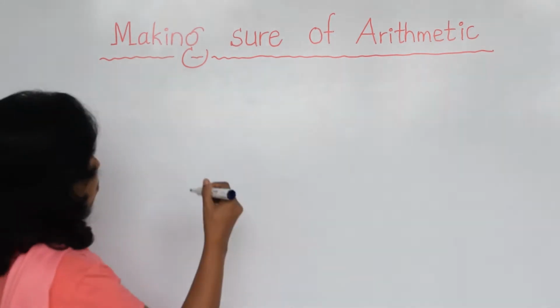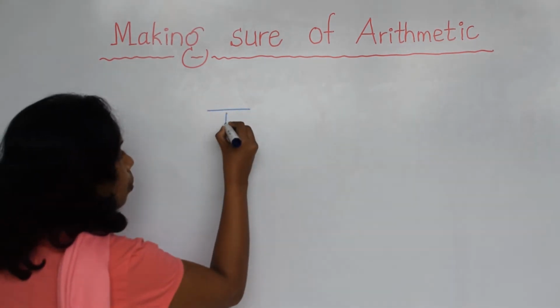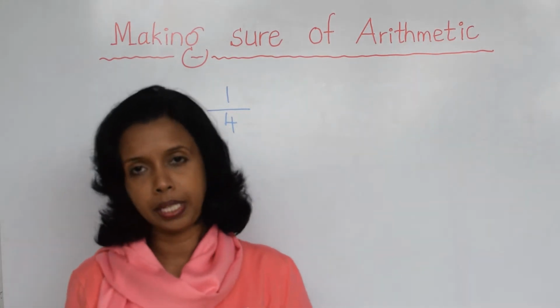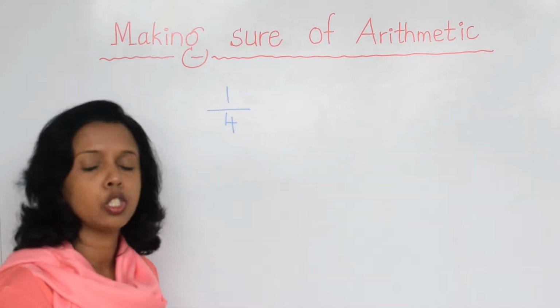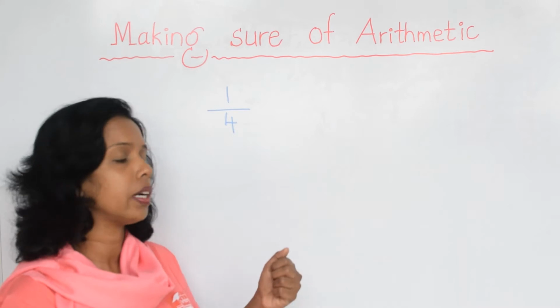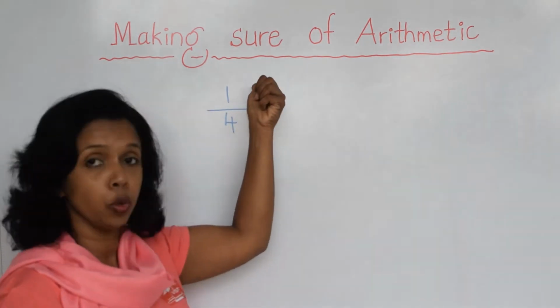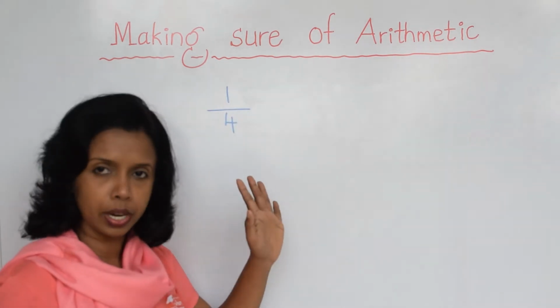I had 4 pieces out of which I ate 1 piece. Now you know, these things you have covered in your lower grades, children. So you have 2 parts, denominator and numerator. So this is how a fraction works.